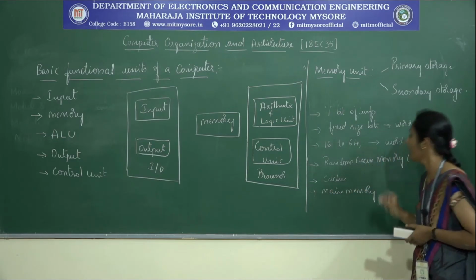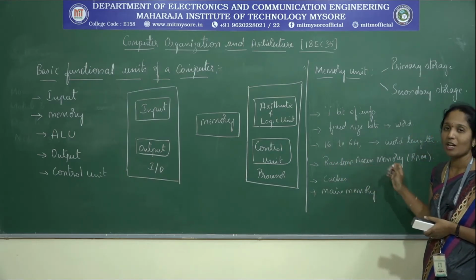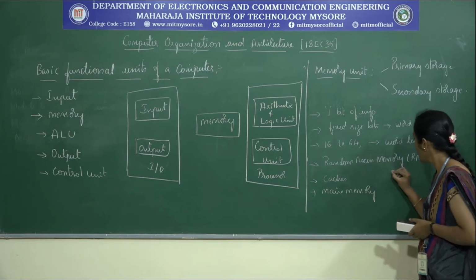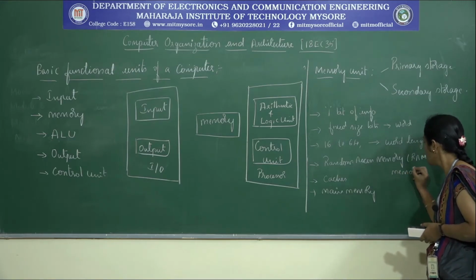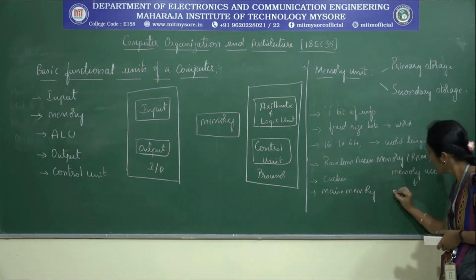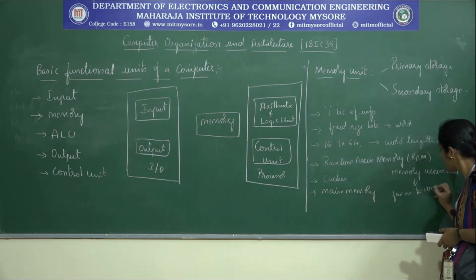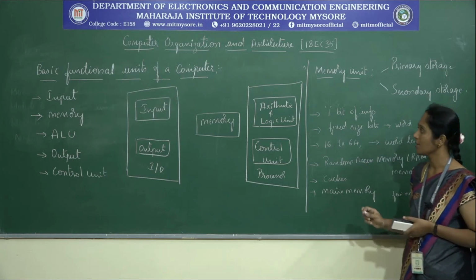The time required to access random access memory, or to read or write one word, is called the memory access time, which can range from a few nanoseconds to 100 nanoseconds in modern computers.